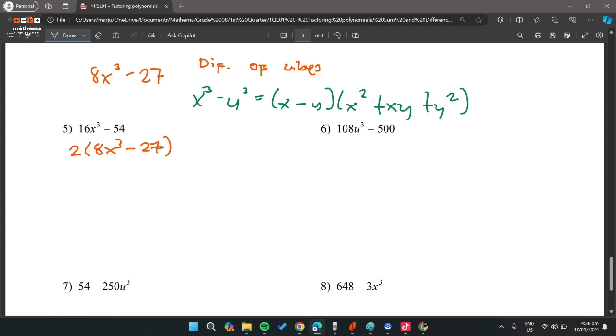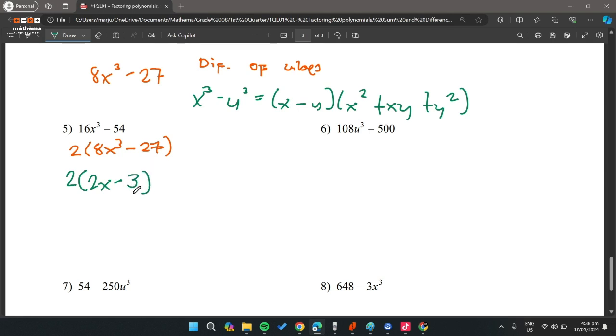So let's try to do that. Number 5. So again, we know that this is 2. What is the cube root of 8x cubed? This is just 2x, minus the cube root of 27, that is just 3.